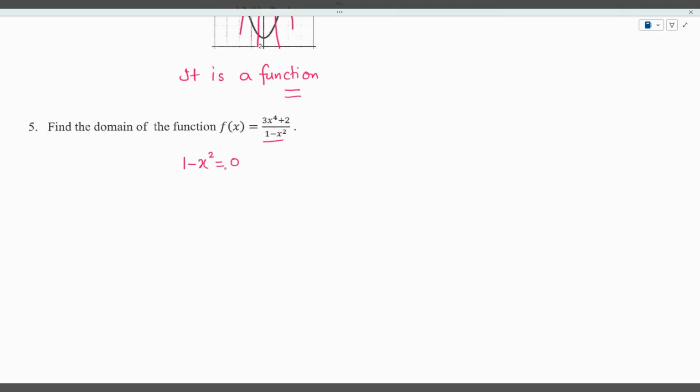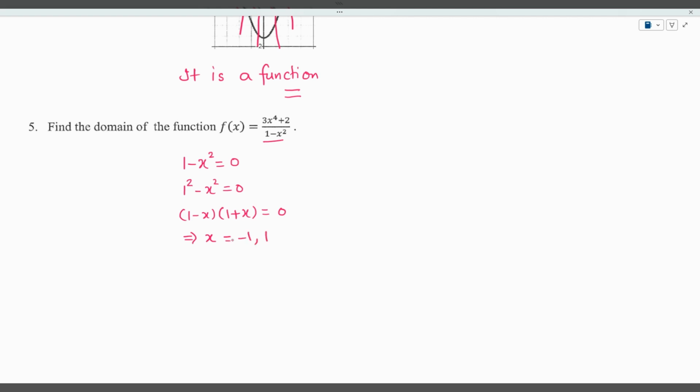You have to find the value of x from here. This is the difference of two squares, 1 squared minus x squared. You can write (1 minus x)(1 plus x) equals 0, and from here the value of x is -1, 1.